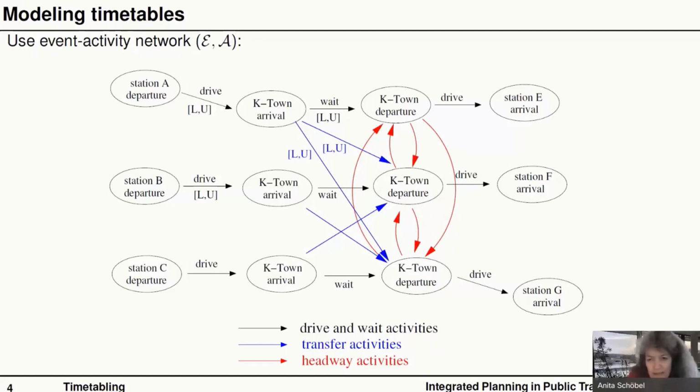And such a red activity, which I call headway activity here, would have a lower bound of 5 minutes, making sure that if the first train departs, the next train can follow only after 5 minutes. So these arrows order our activities in time.